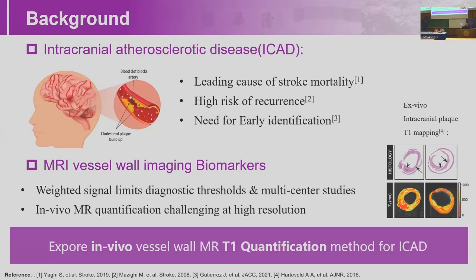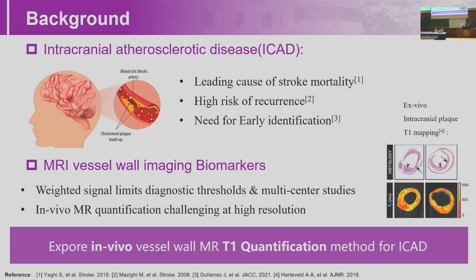Everyone knows intracranial atherosclerotic disease, or ICAD, is a leading cause of stroke mortality and has a high risk of stroke recurrence. MRI vessel wall imaging is a useful tool to get imaging biomarkers.